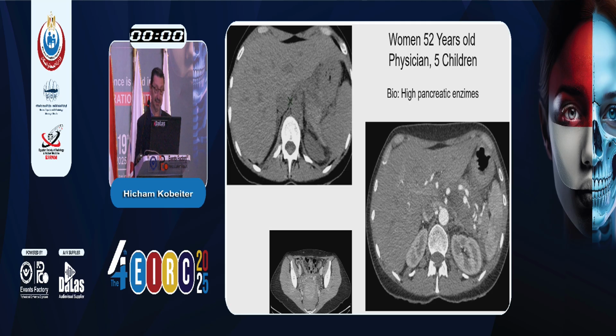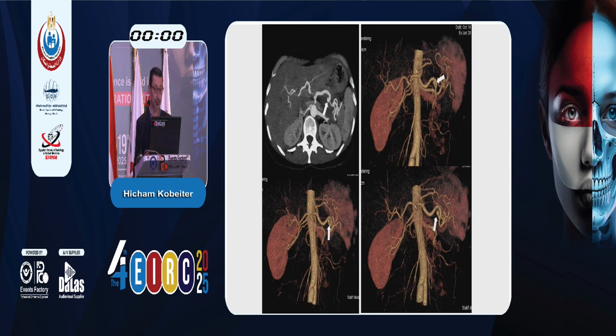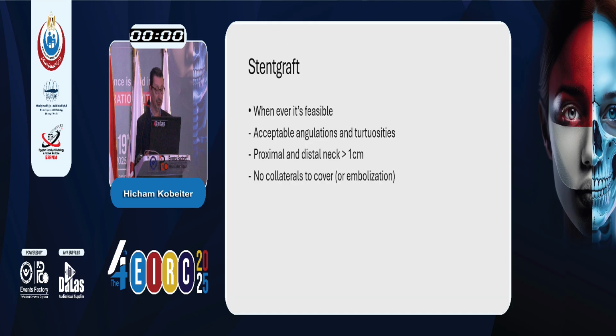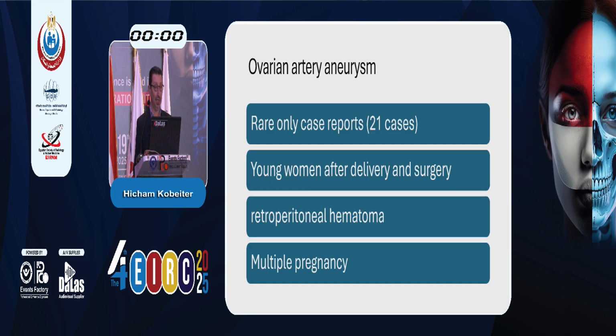But when we looked at the CT scan, we saw a small aneurysm of the splenic artery, and with a VR reconstruction we could see it clearly, and the hematoma was surrounding this lesion. It was treated by selective embolization with stent-assisted embolization. Stent graft, if we can, but most of the time it's very difficult to do in an emergency setting.